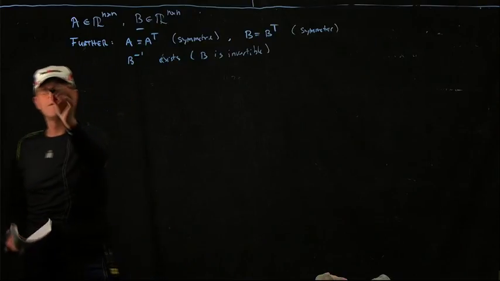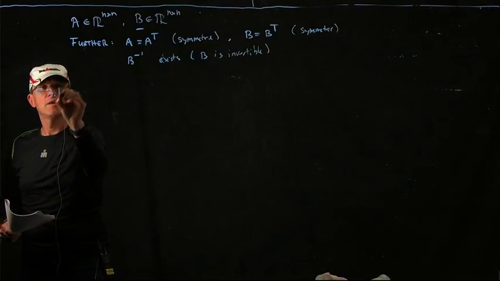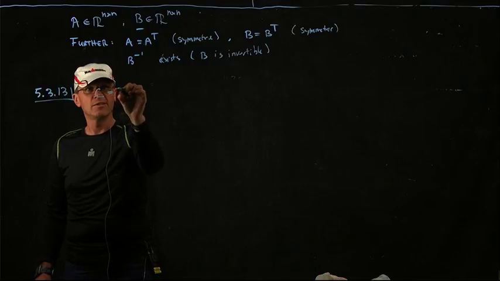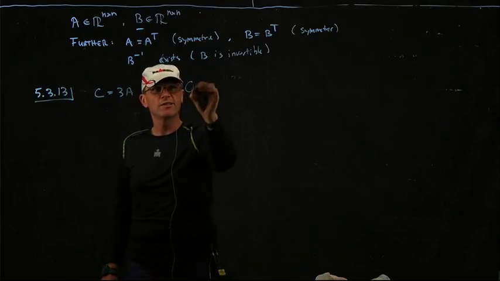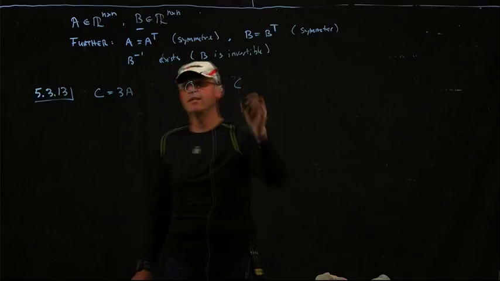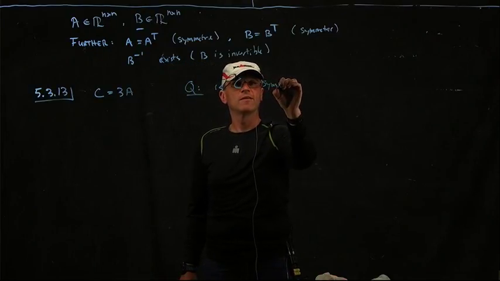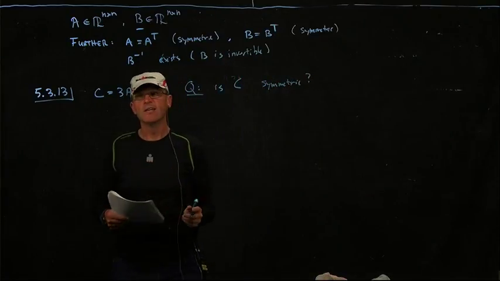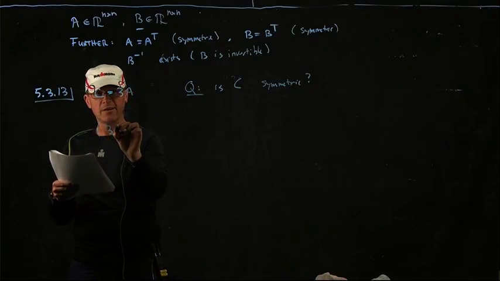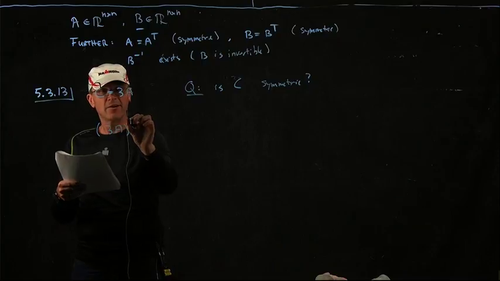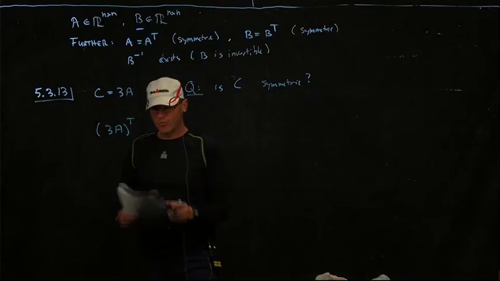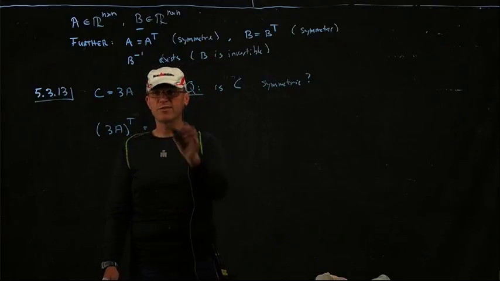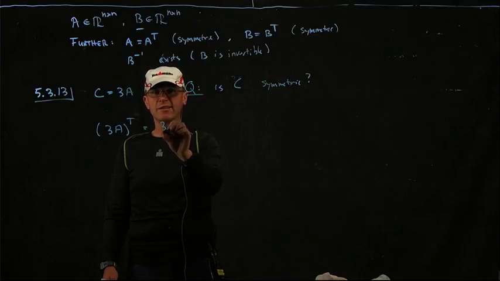So that's where we are, and the question is now 5, 3, 13. We form a new matrix C, which is 3A. And the question is, is C symmetric? This is all about symmetry. So we have the matrix 3A transpose, and we have a rule saying that if you scale a matrix and take the transpose, or you take the transpose and scale it, it's the same thing.